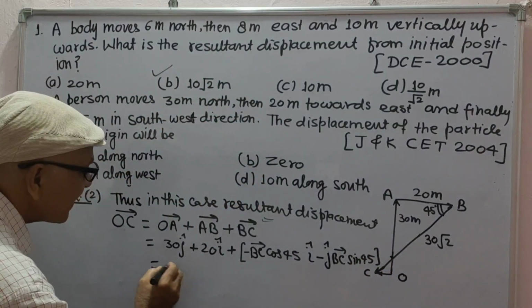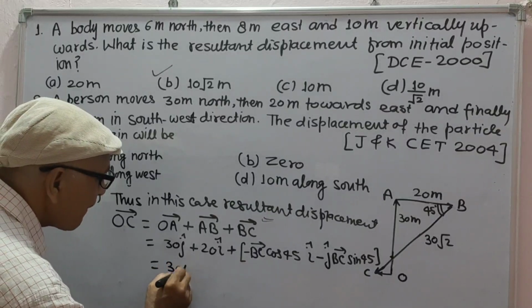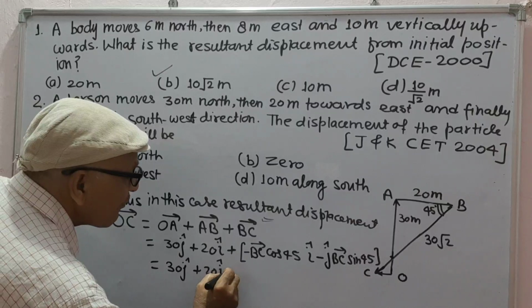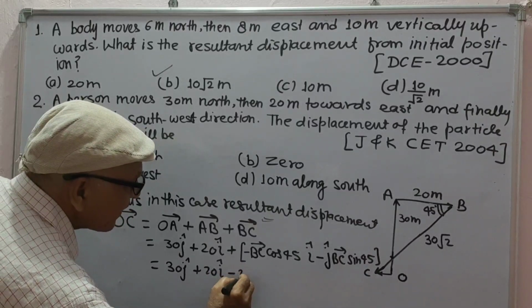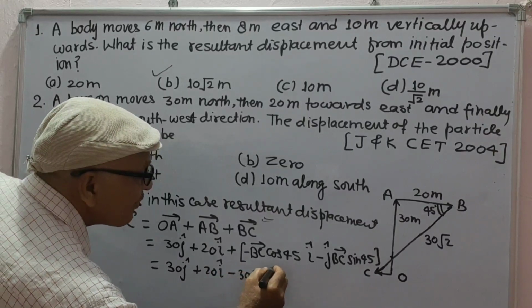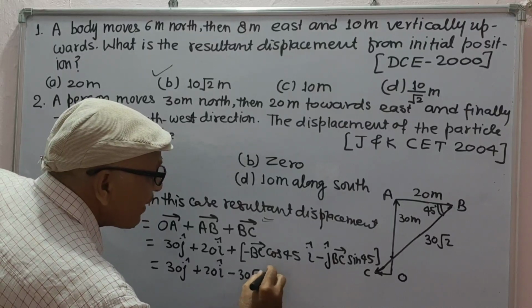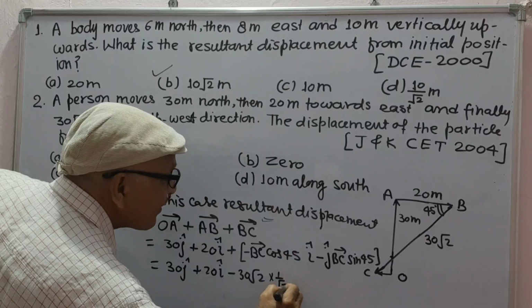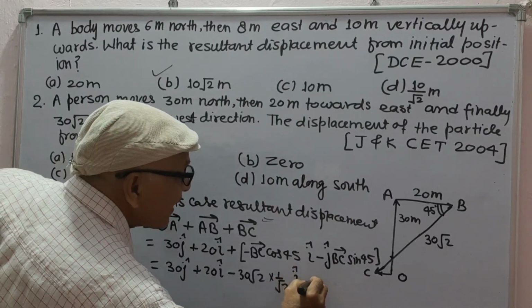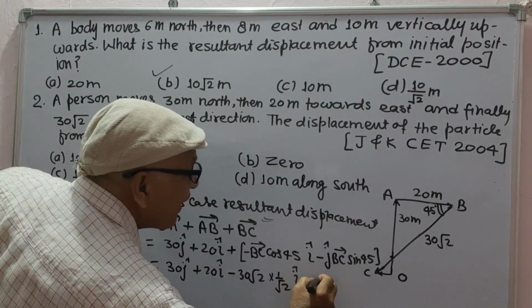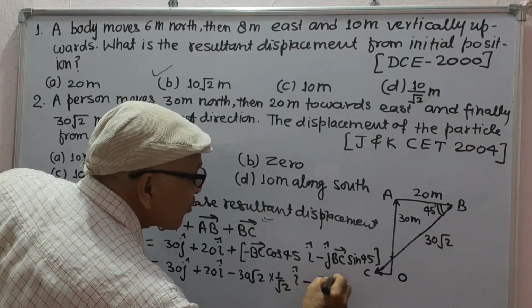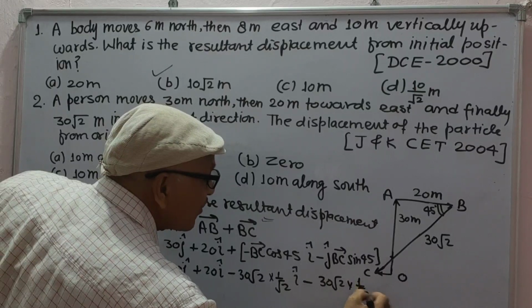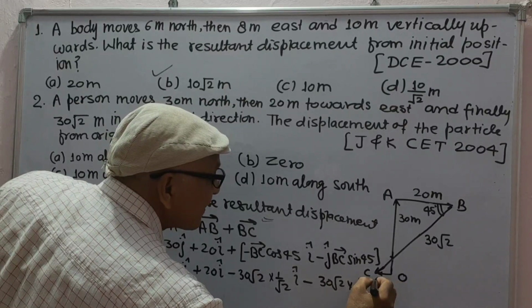Now putting the values we get 30j plus 20i minus, BC is 30√2, cos 45 means 1/√2 i unit vector, minus 30√2 into sin 45 means 1/√2 j unit vector.